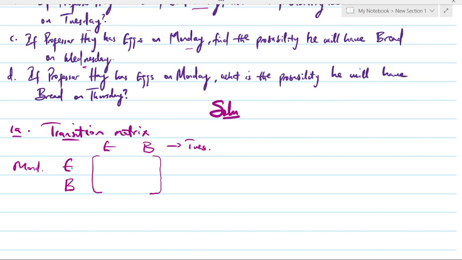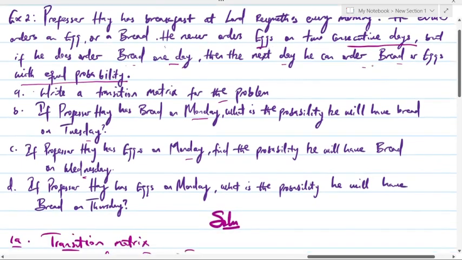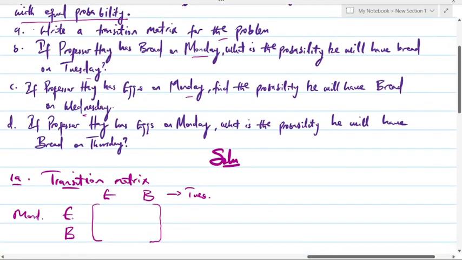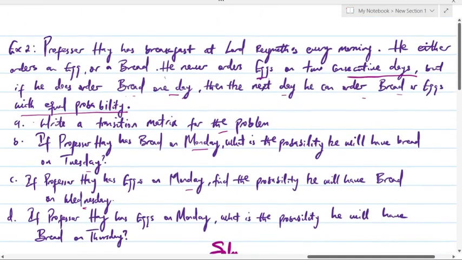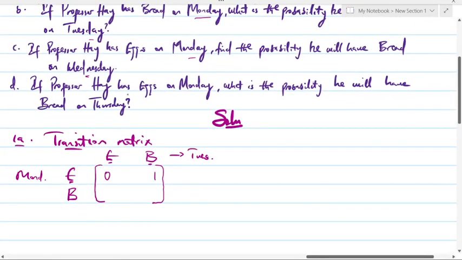Okay, so let's go back to the question now. The question says he never orders eggs on 2 consecutive days. That means that if he orders eggs on Monday, he's not going to order eggs on Tuesday, but he's going to move to the next one, which is bread, with probability 1. Also, if he does order bread one day, then the next day he can order bread or eggs with equal probability, and we know that the summation of our probability should be 1.